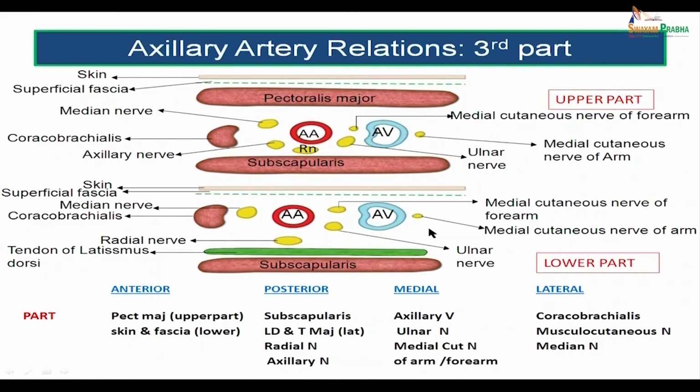Medial relations: medial most is the medial cutaneous nerve of arm, then axillary vein, then medial cutaneous nerve of forearm and ulnar nerve. Laterally, we have the median nerve and coracobrachialis.